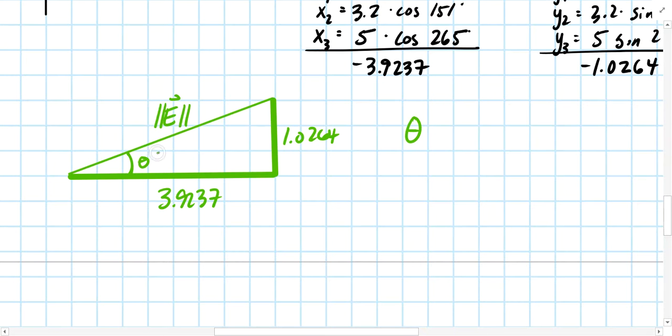Now theta can be calculated with the opposite side and the adjacent side of this right triangle. That's done using the tangent formula. So if I don't have the angle measure but I want the angle measure, I'll use tangent inverse.